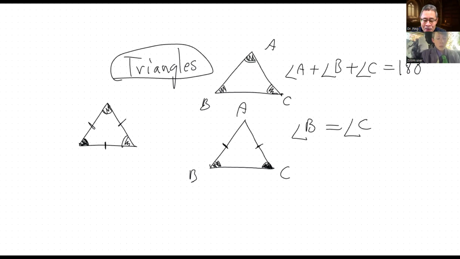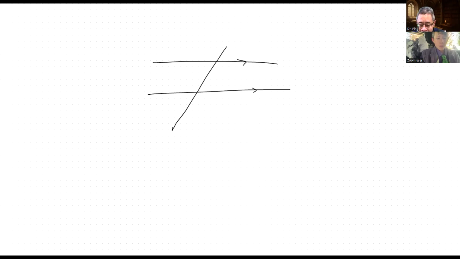Then we talk about parallel lines. And on the parallel lines, we have its properties. So if, let's see, this angle and that angle, what do we call them?